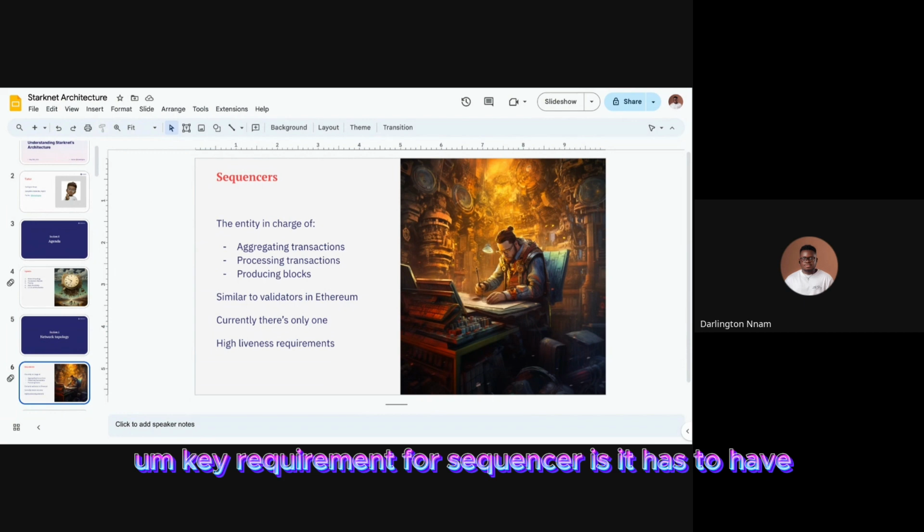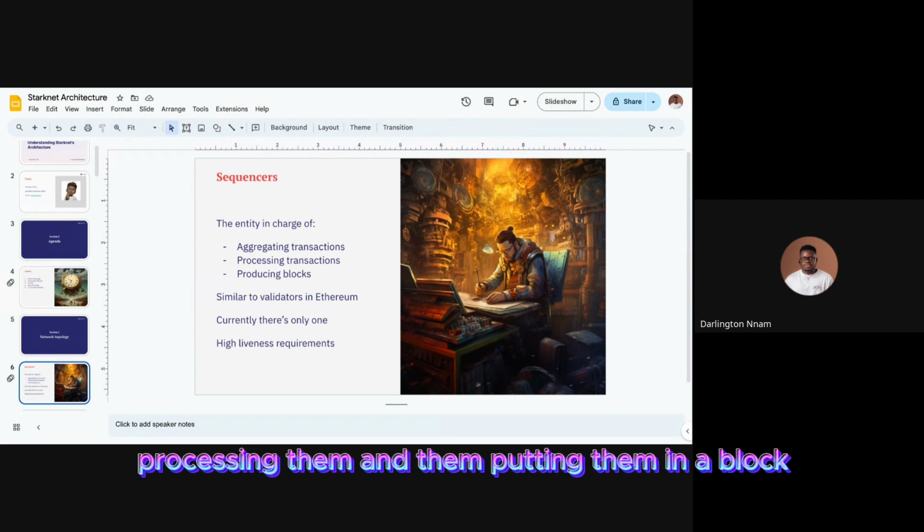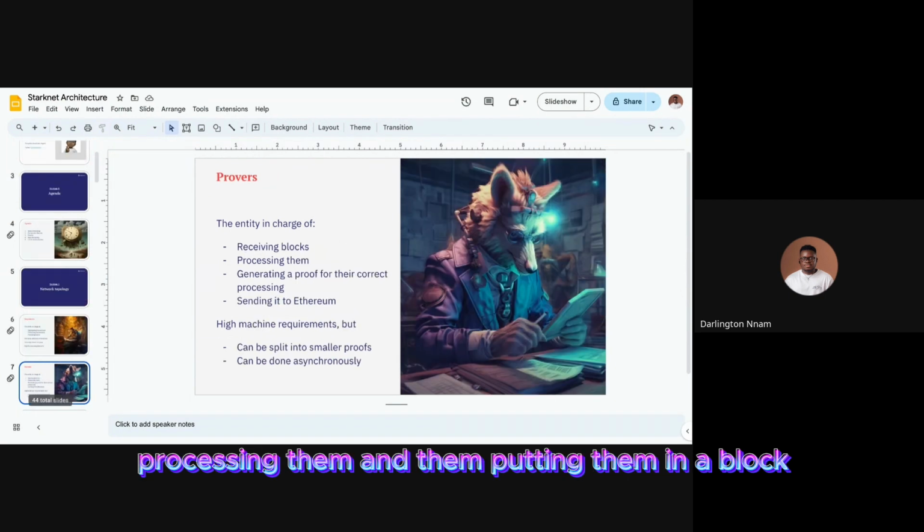One key requirement for the sequencer is that it has to have high liveness, because it is responsible for collecting transactions, aggregating them, processing them, and then putting them in a block.